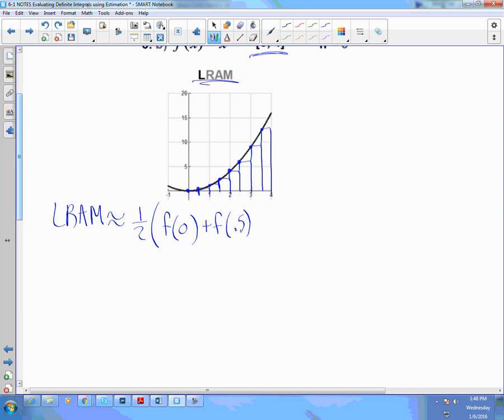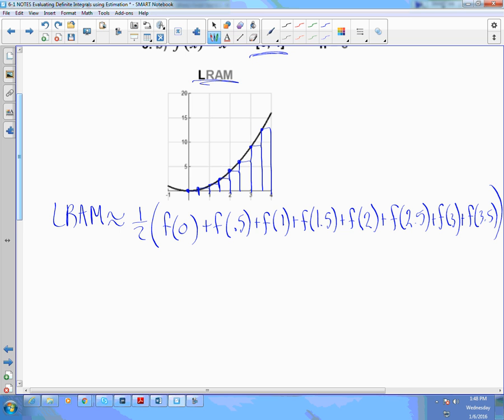Plus f of 0.5 or 1/2, plus f of 1, plus f of 1.5. How many things do we need to make sure we have? 8. What's the last one? 3.5. There's a big parenthesis.